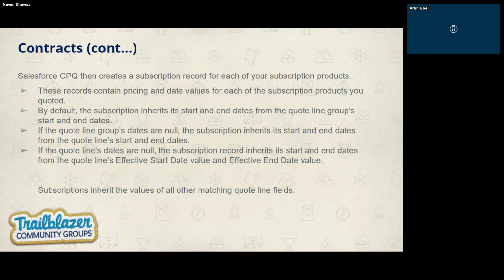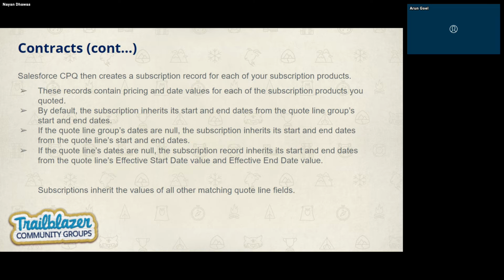In that, we need to make sure the API name and the field type are the same on all the objects. For example, let's say I create a field as product type on my quote line and I give the value as software, and I want this value to be automatically populated on my subscription as well as on my order product.